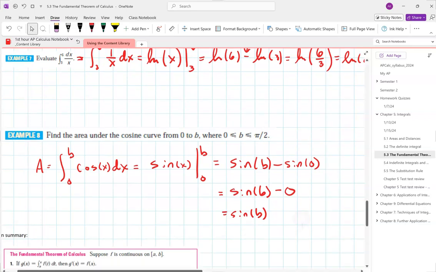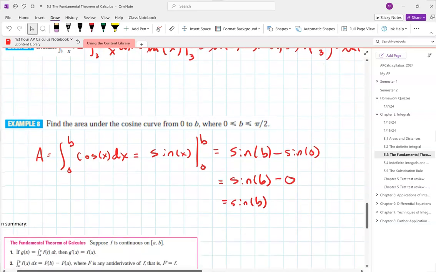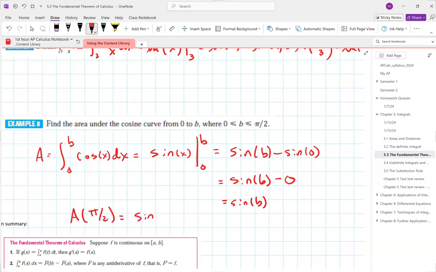And then if we wanted to find the area when b is pi over 2, that'll just end up being sine of pi over 2, which is 1.